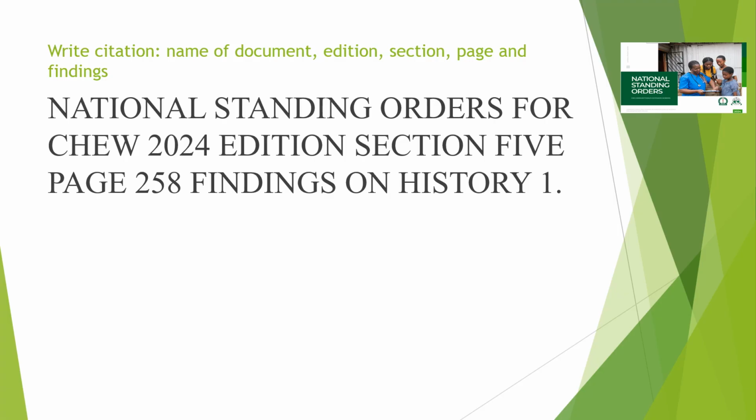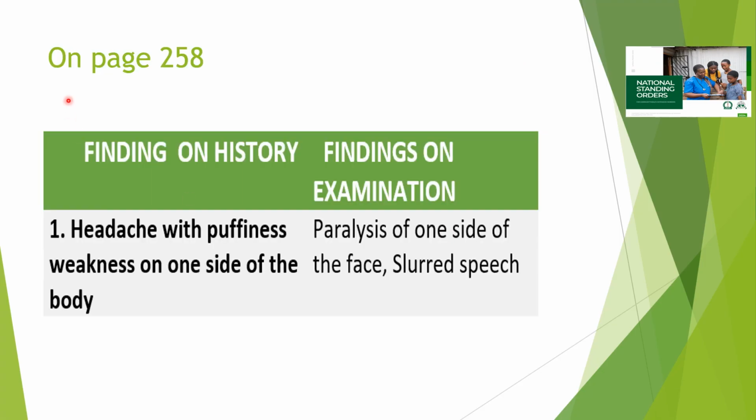So this is what the student is expected to write on the paper. Then on page 258, the first findings on history corresponds with the question that we were given. It says headache with puffiness, weakness on one side of the body. So that is the first finding on page 258.